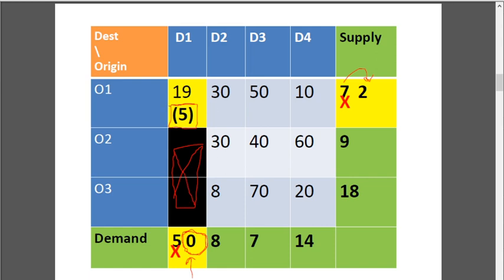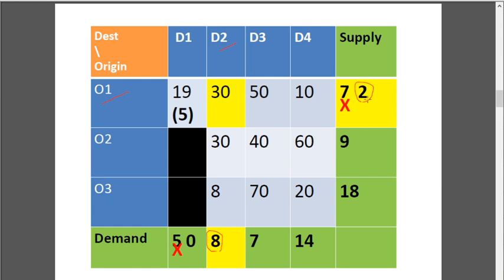Next, this northwest cell has been processed. Since this column is no longer needed, move on to the next adjacent cell, that is, the cell to its right. For this cell, the destination is D2, the origin is O1, the supply available is 2 and the demand required is 8.